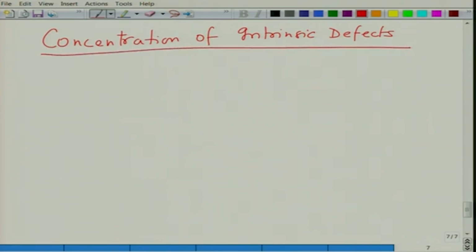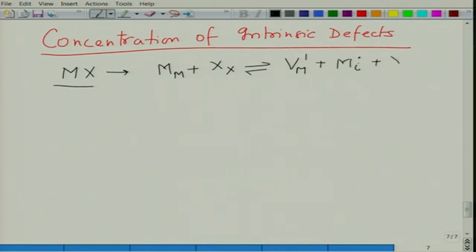So, let us say we consider Frenkel defect. Let us say we consider a halide MX, and in that the reaction can be written as M_M plus X_X, this is written as V_M plus M_i, and X remains at X site.